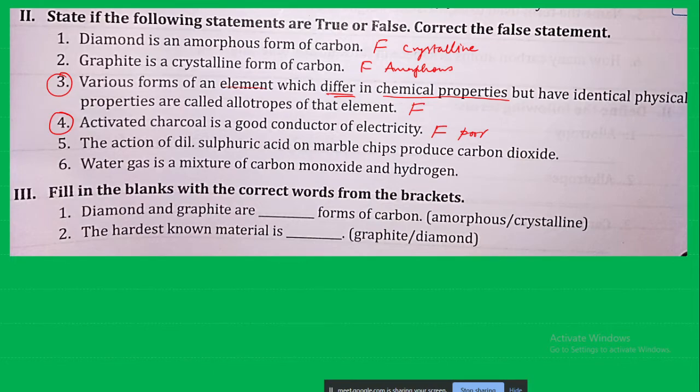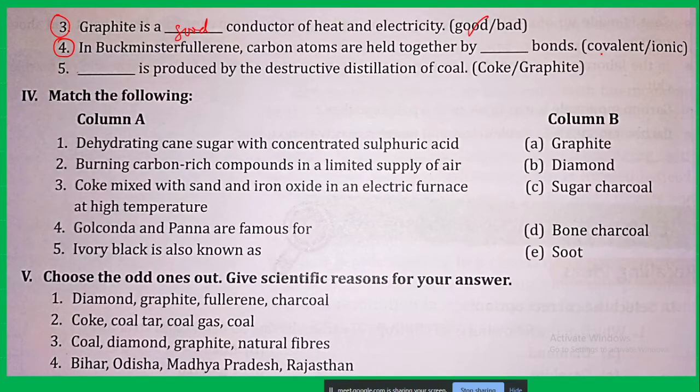Next, graphite is a dash conductor of heat and electricity. Good conductor of heat and electricity. In Buckminsterfullerene, carbon atoms are held together by dash bonds, covalent or ionic.